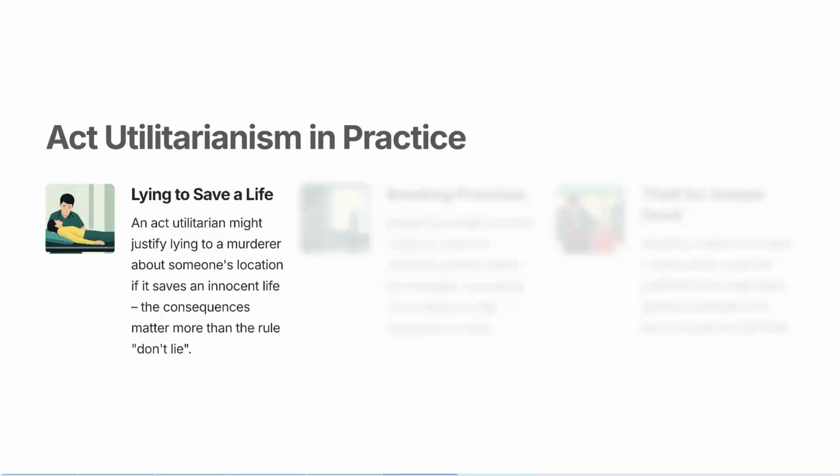An act utilitarian would focus on the consequences of that particular situation. So if lying prevents serious harm and increases overall happiness, then the lie would be morally justified. This example shows how act utilitarianism emphasizes the consequences of individual actions, not just fixed moral rules.